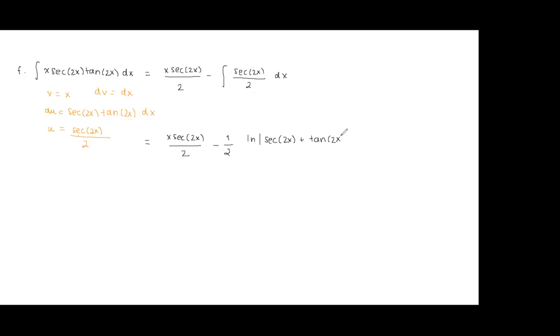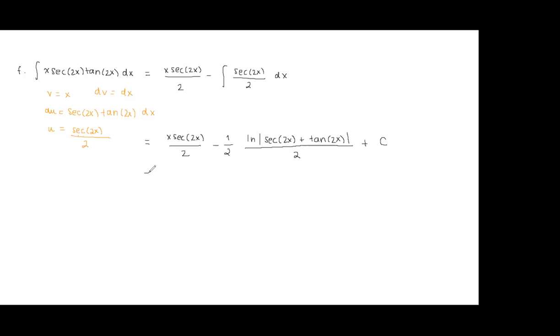But this is the antiderivative of just secant of x, right? Which means that if I'm finding the antiderivative of secant of 2x, it should be this, and then I should divide by 2 to counter the 2 that is going to come out once I apply the chain rule. Same exact logic over here, and then plus c.